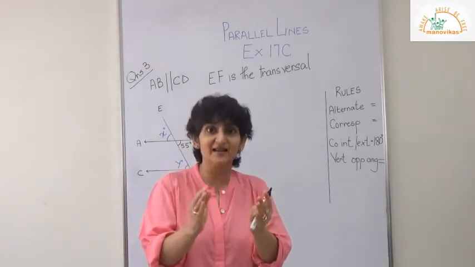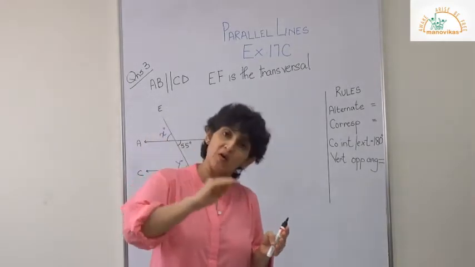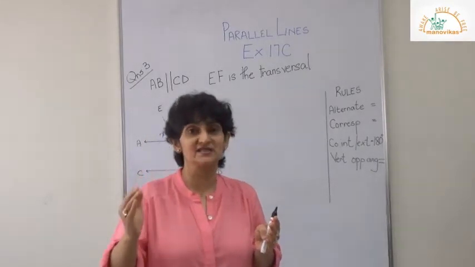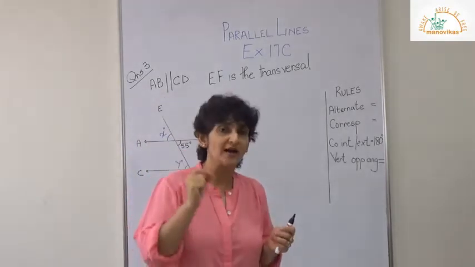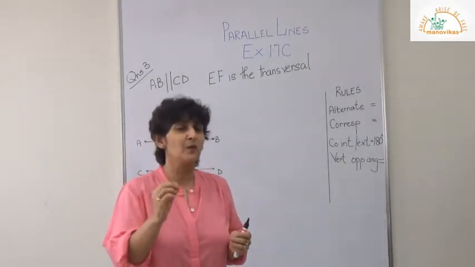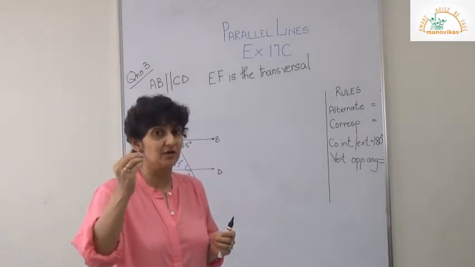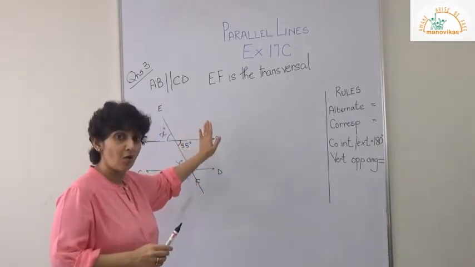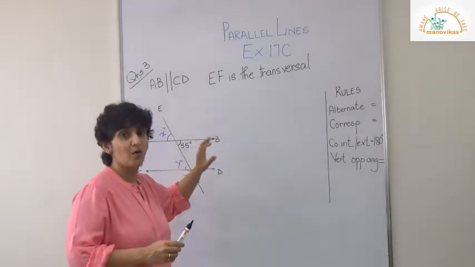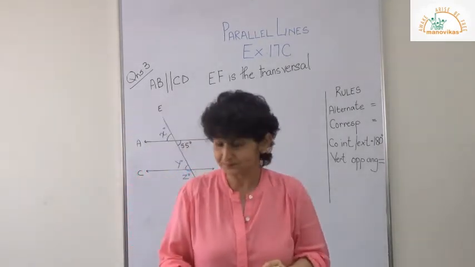So when you add the two angles in your co-interior or co-exterior, the answer should be equal to 180 degrees. Now when I say co-interior or co-exterior, remember they are the angles on the same side of the transversal.